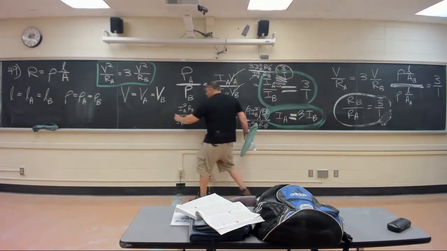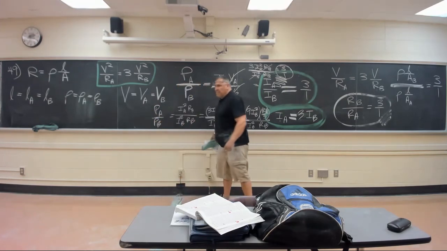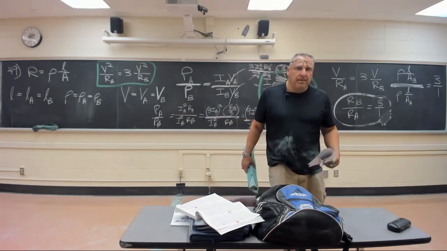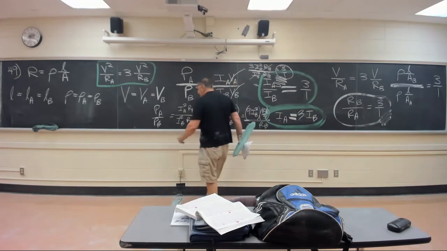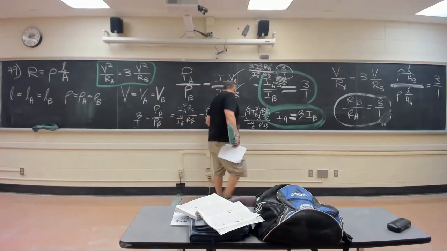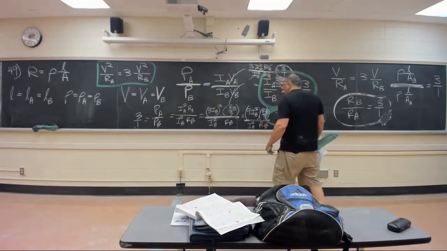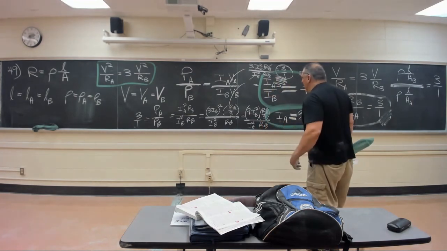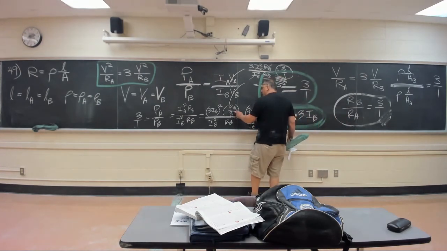It makes sense. The power brought forth by wire A is indeed 3 times, even though the resistance is 1/3 of what it is at RB.